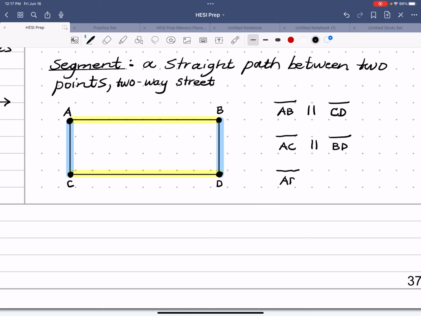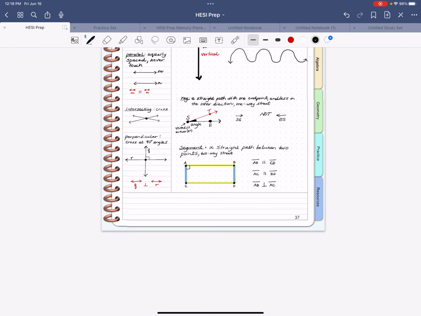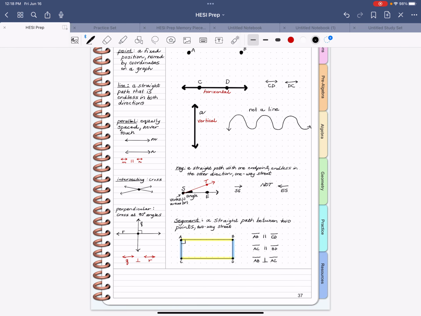Segment AB and segment AC. Those are intersecting right here at 90 degrees. So that is perpendicular.